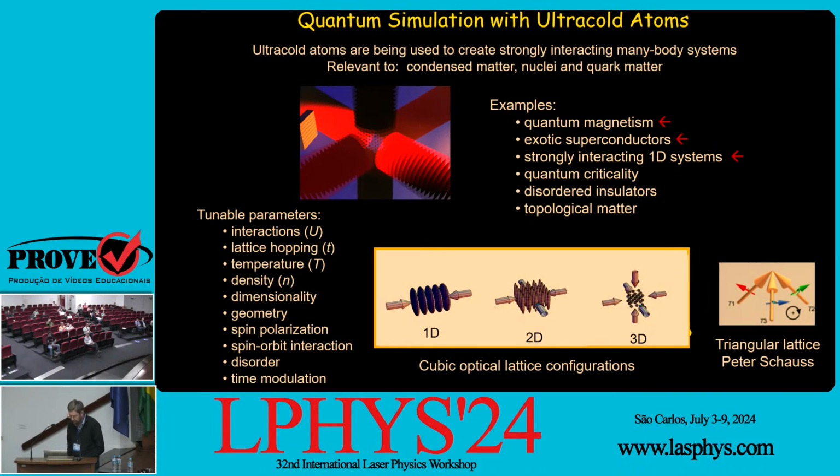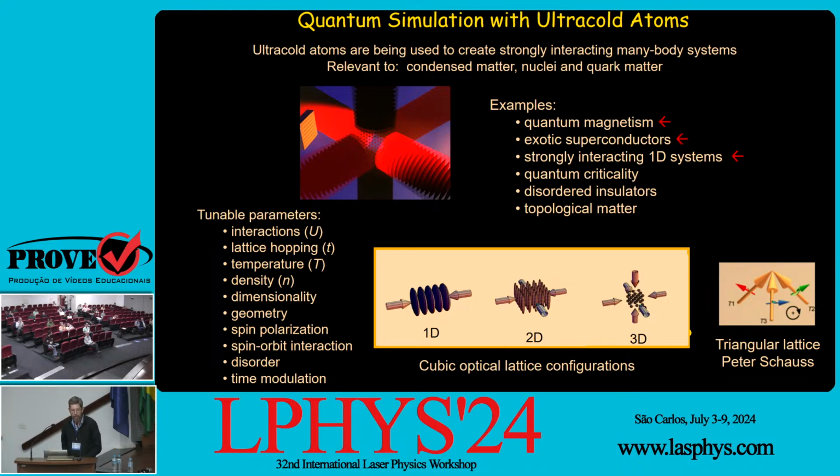Okay, so quantum simulation with ultracold atoms works by using the atoms as stand-ins for electrons. The advantage of not using electrons is that the atoms don't experience the same defects and impurities and Coulomb screening and so on that real electronic materials do.